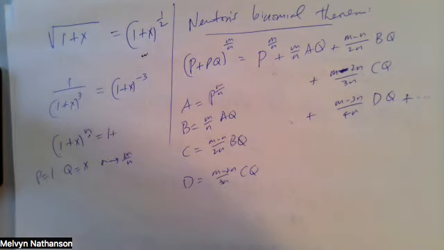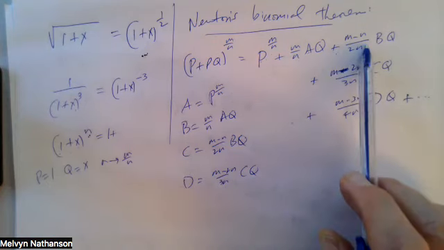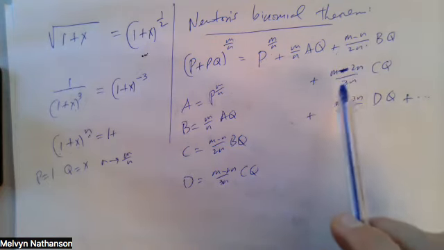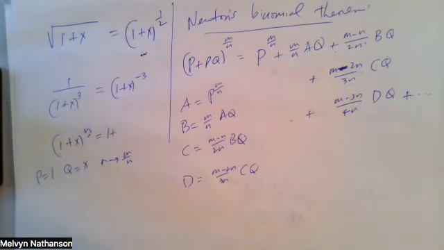Now, you can see one kind of pattern here because you have these numbers m minus n over 2n, m minus 2n over 3n, m minus 3n over 4n. Those numbers look like, let's see, what do they look like?